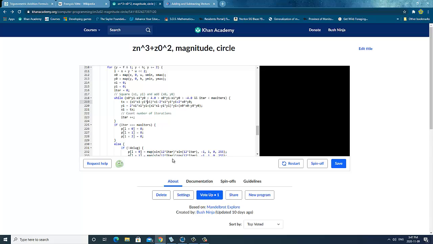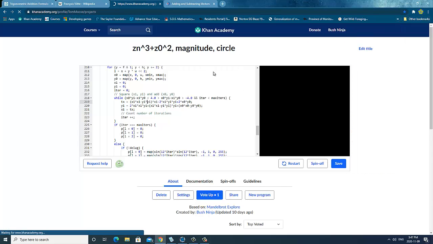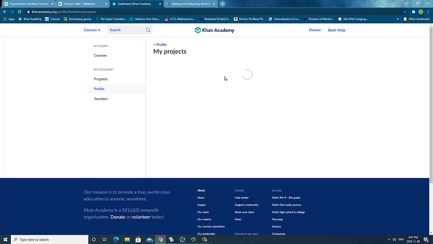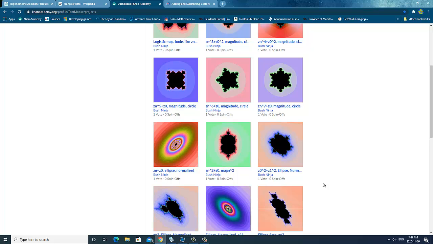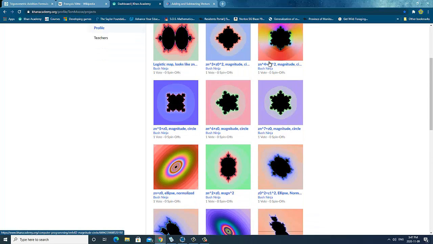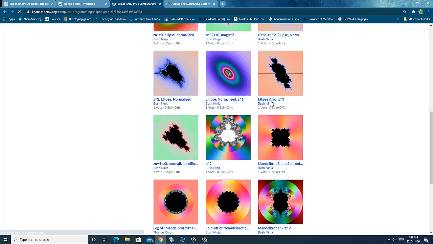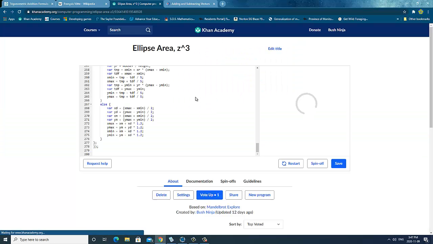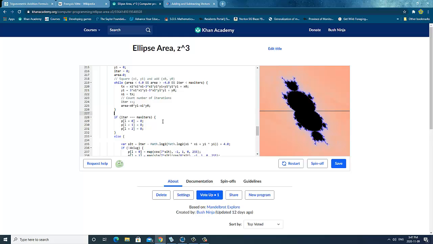That is not how it should look. Now I did this previously on a different one. Here's an area one that worked. My computer has a lot of programs loaded up. So that's probably what's going on here.